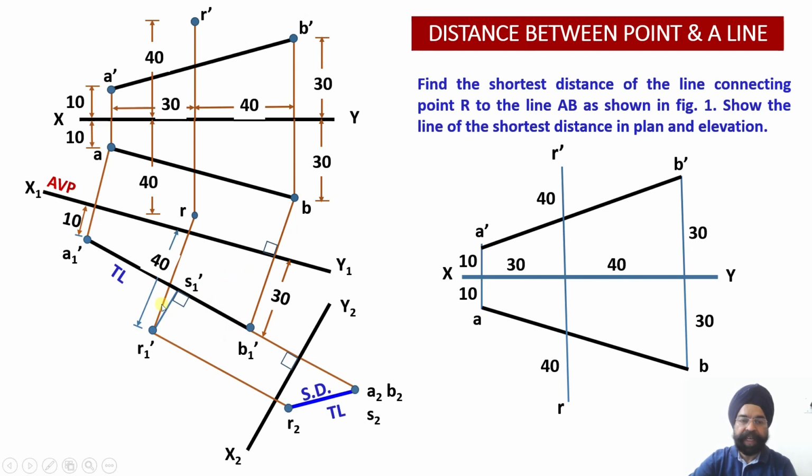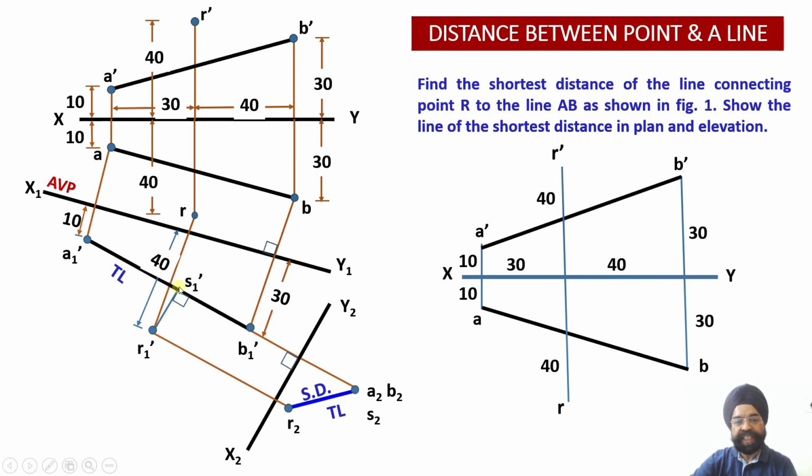Now, having obtained this point S1 dash, we have to once again backtrack this point onto the line AB projection and onto the projection A dash B dash in the front view. We have obtained the location of the point S1 dash, which is the point of intersection of the shortest distance with the true length of the line.